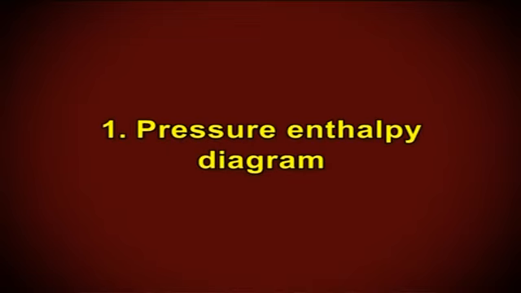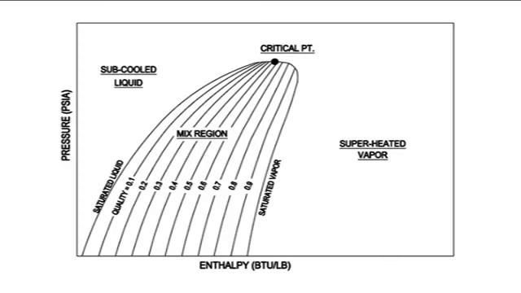1. Pressure enthalpy diagram. The pressure enthalpy diagram or Mollier diagram, as described in Figure 1, describes the various properties of a refrigerant under different conditions or phases. Using thermodynamic tables of refrigerants, the values are taken at both the saturation and superheated conditions for the refrigerant in question.